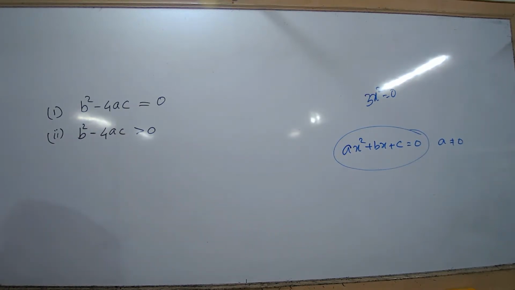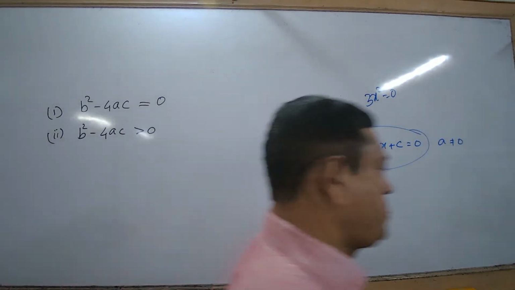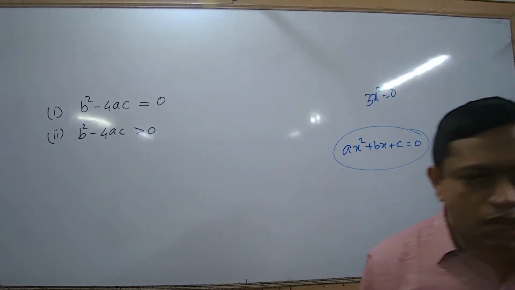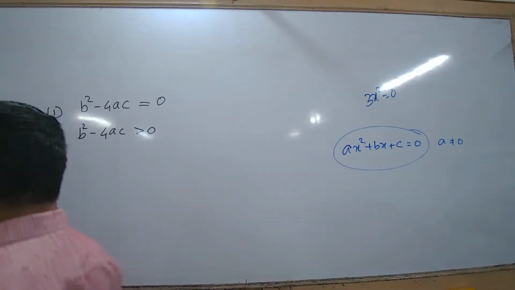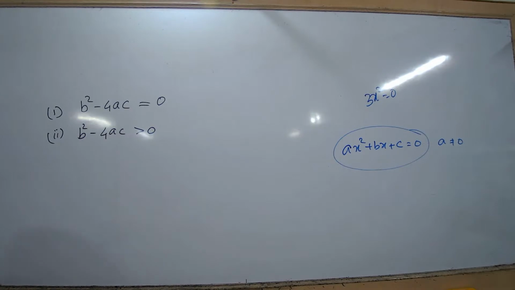The roots are real and unequal. Written? B square minus 4ac greater than 0, roots are real and unequal. Unequal means two distinct roots. Different roots, not the same root, distinct roots will come. Okay, that also.